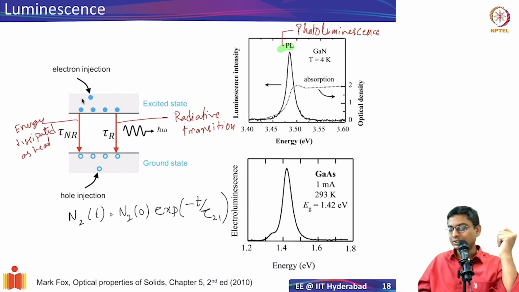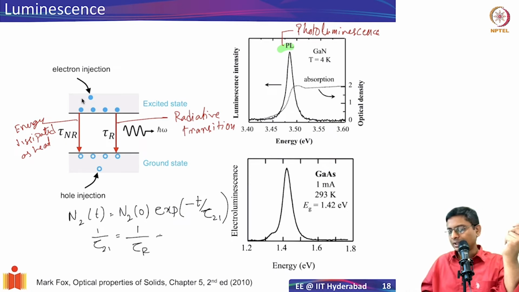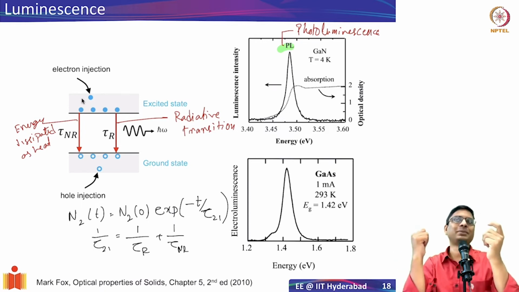What is this tau 21? This tau 21 is the lifetime of the higher state. When I have two states, I can even say tau 2, but in this case anyway there are two, so I don't mind. Essentially, 1 over tau 21 becomes 1 over the radiative time plus 1 over the non-radiative time. So this is how the overall lifetime of the excited state behaves.